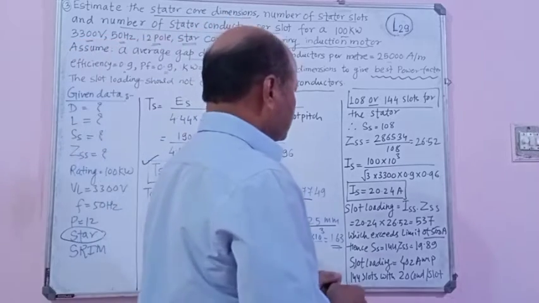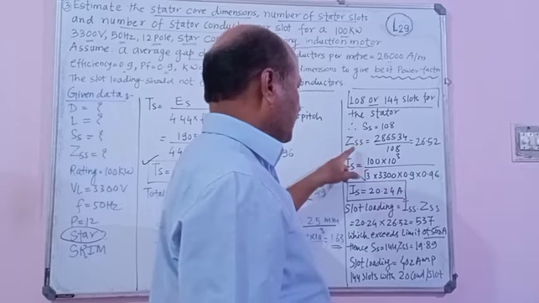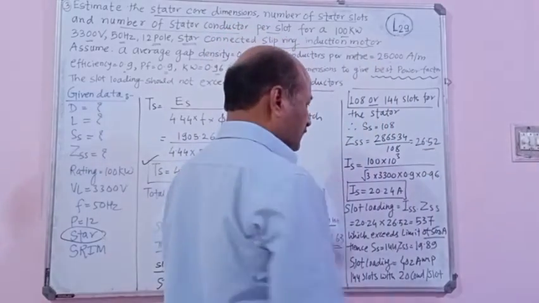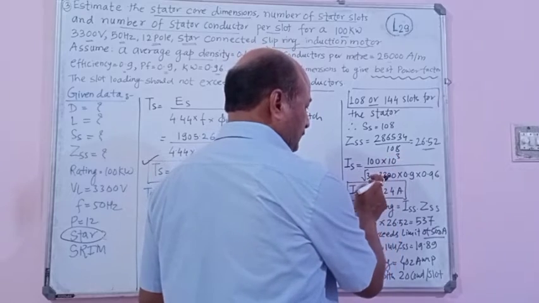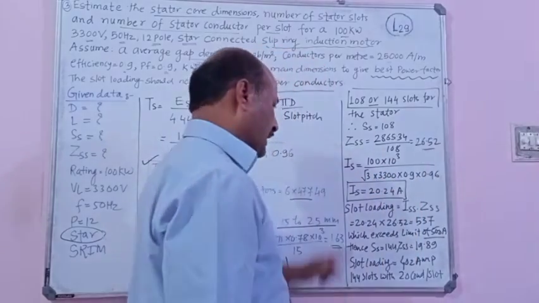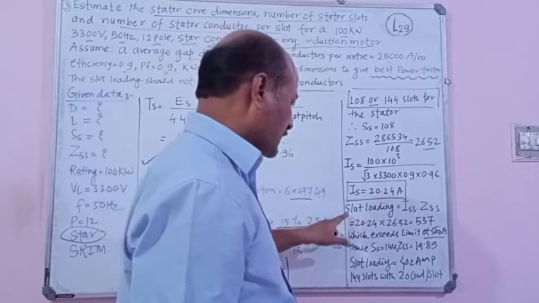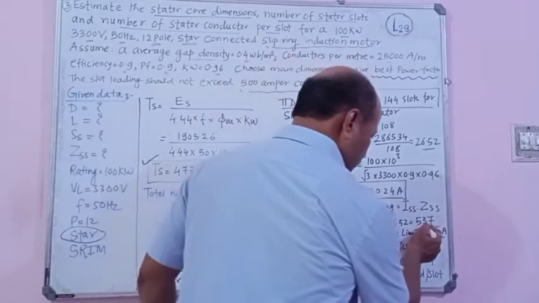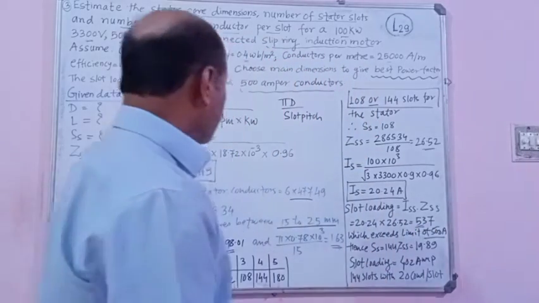If you choose the number of stator slots equals 108, then ZSS equals 26.52. Then IS equals 100 into 10 to the power 3 divided by root 3 into VL into cos phi into kW. So IS equals 20.24. Then slot loading equals ISS multiplied by ZSS, which equals 537 ampere.